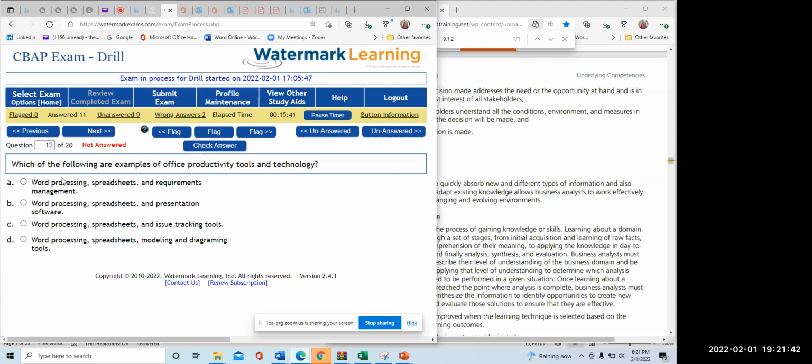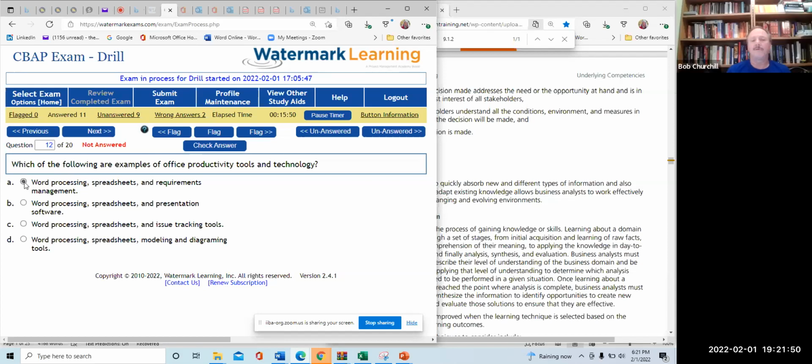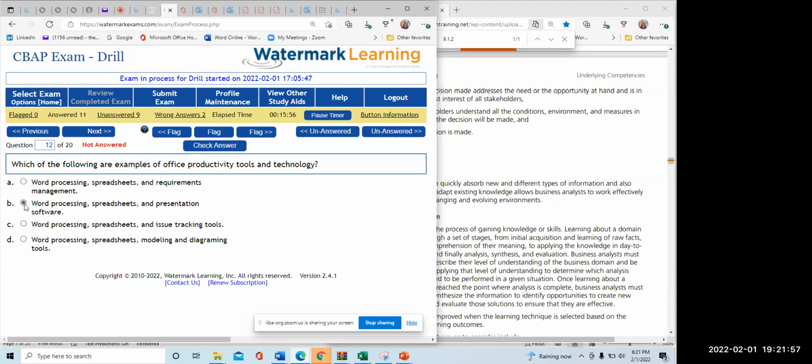Maybe A, requirements management. I don't know if the modeling and diagramming are really productivity. It's more like visualizing tools. Probably productivity tools would be presentation software, B. That's Word, mostly, Excel, and PowerPoint.